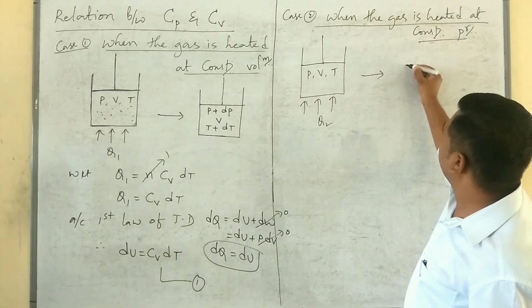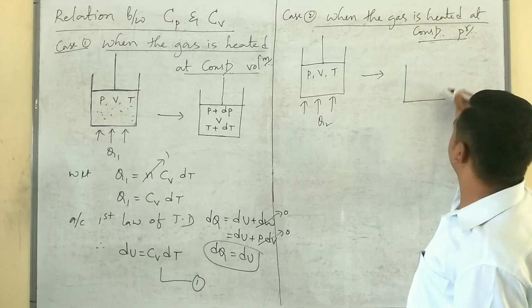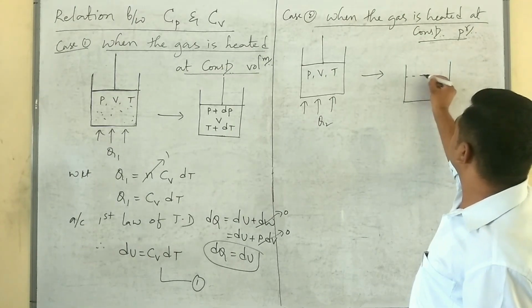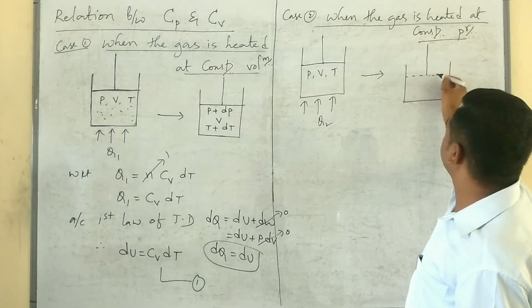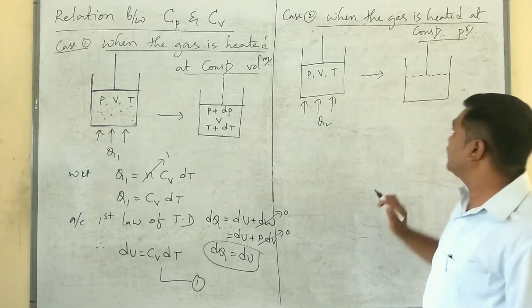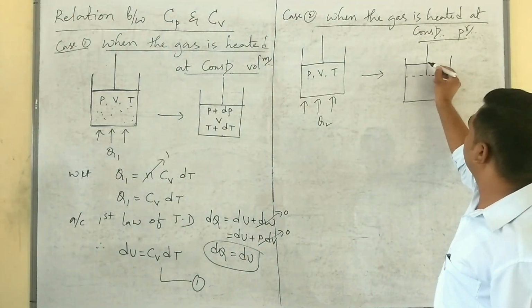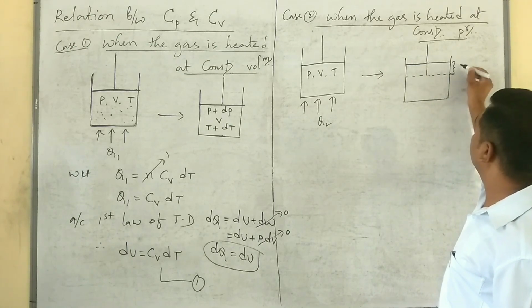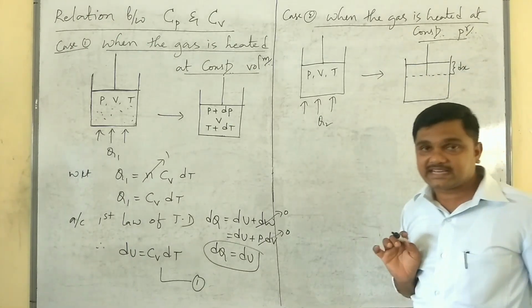This was the initial condition of the piston. Now, due to the rise in temperature, what happens? The piston will move up through distance dx.